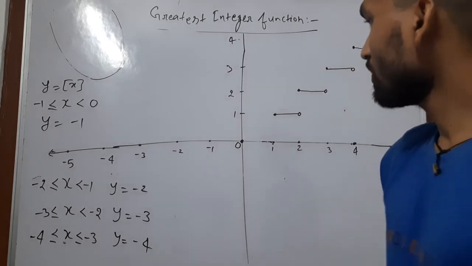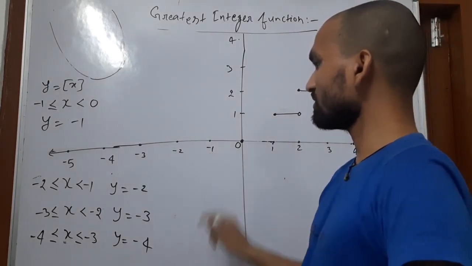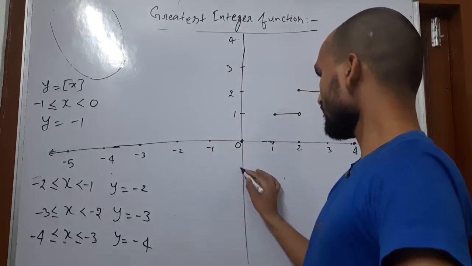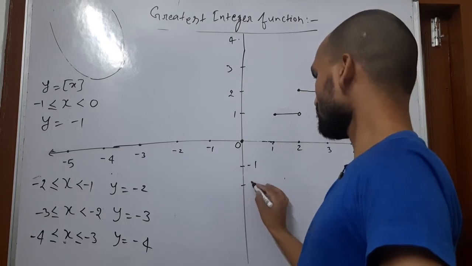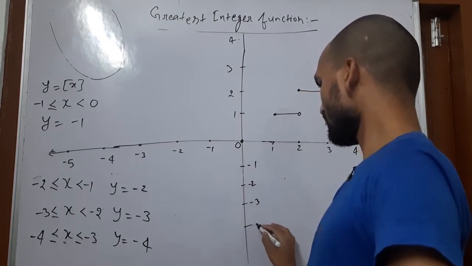So when we take here greater or equal to -1 and less than 0, it is always -1. We should take here -1, -2, -3, -4.